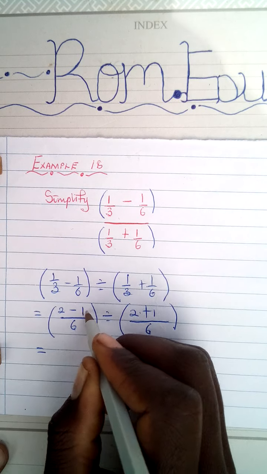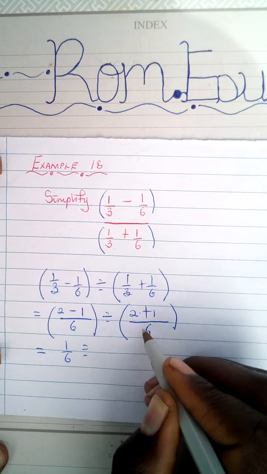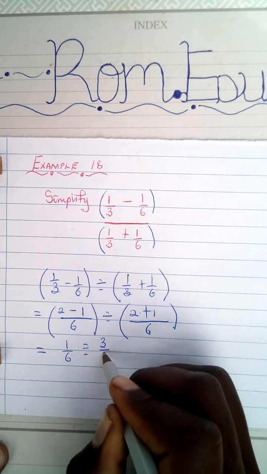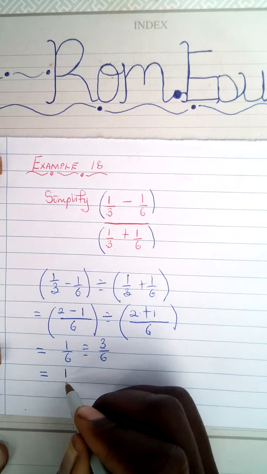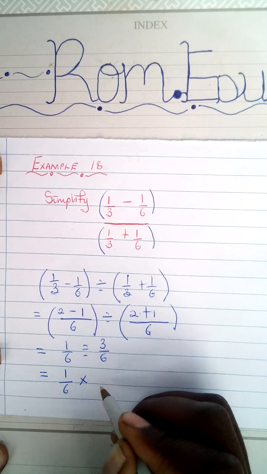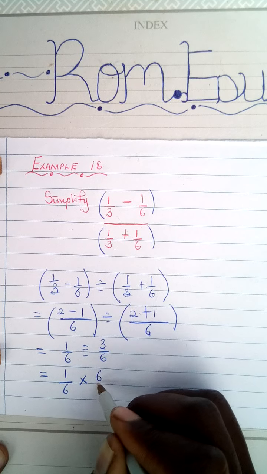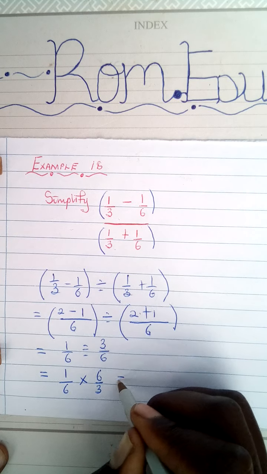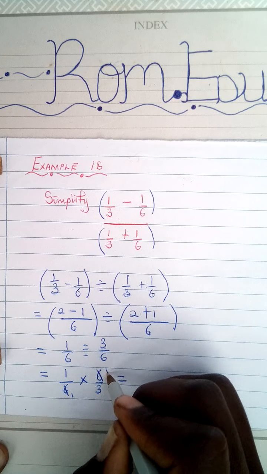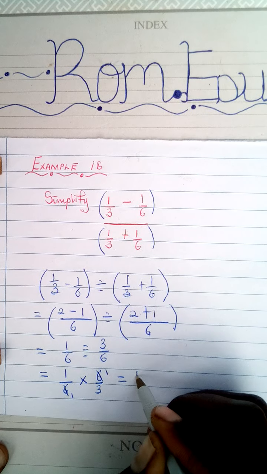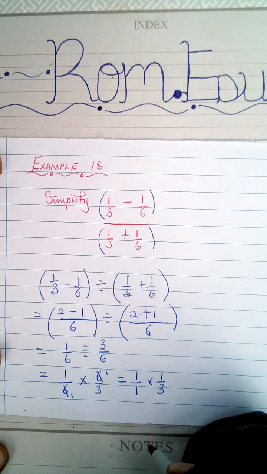Then I'm going to get 2 minus 1, that's 1 over 6 being divided by 2 plus 1, that's 3 over 6. Then remember, we can't deal with division, so we put a multiplication sign, we invert the fraction on my right hand side, then it becomes 6 over 3. I do my cross cancellation here, 6 and 6 give 1. I'm remaining with 1 over 1 multiplied by 1 over 3, right?